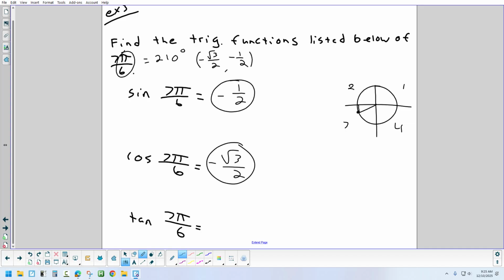Yep. Root 3 over 3. Because when you divide these, the negatives are going to cancel, the 2s are going to cancel, and you'd be left with 1 divided by root 3. Well, you just have to fix that so the root 3 is not in the bottom, and it's root 3 over 3. Okay. So, any questions on trig functions of 210?